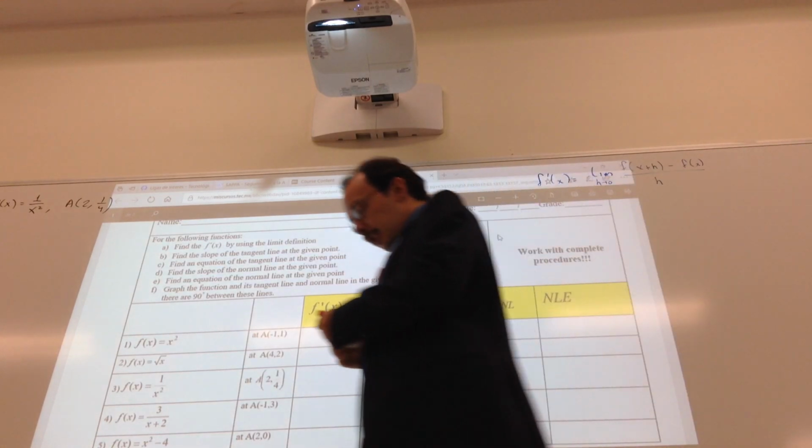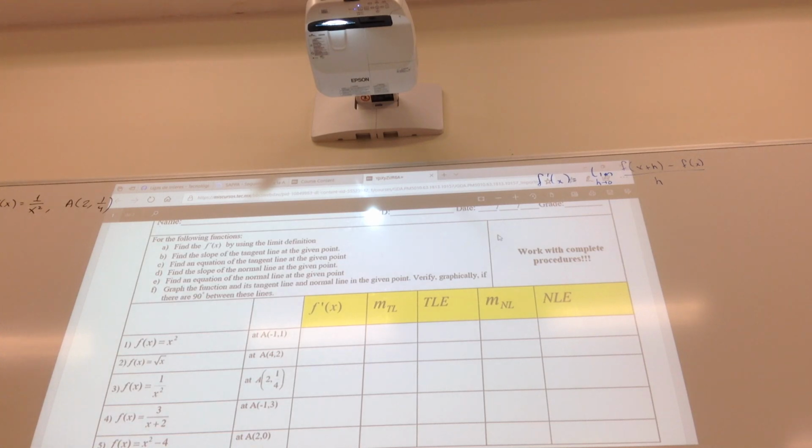Very good. F prime of x means derivative. So we're going to apply that formula in this function, 1 over x squared, to find the derivative.